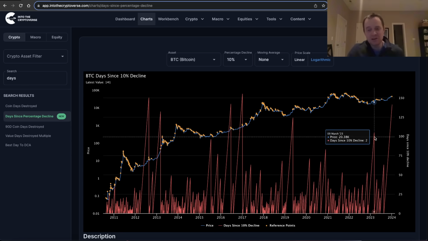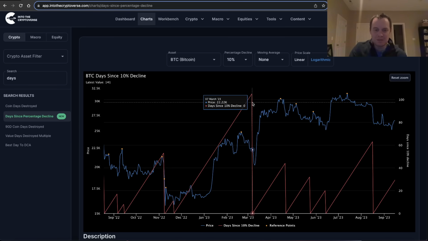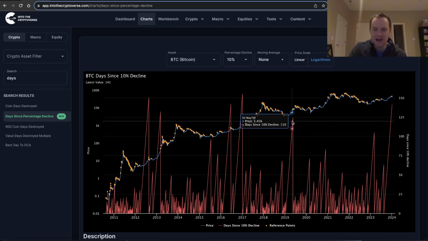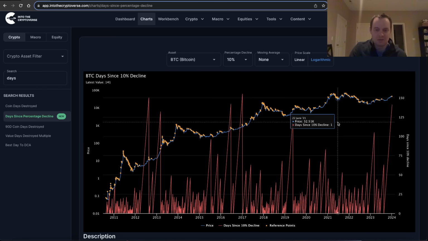The highest value before this, at least in this recent cycle, took place in March, and it reached about day 105 before it finally had a 10% correction. Before that, you can see that in 2019, it went up to 124 days before a 10% correction.